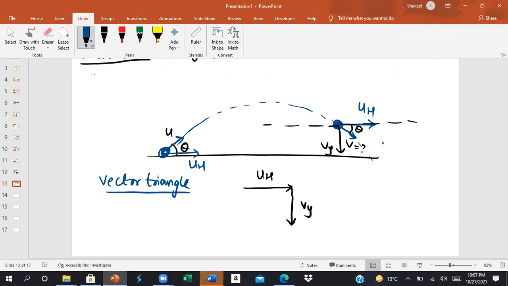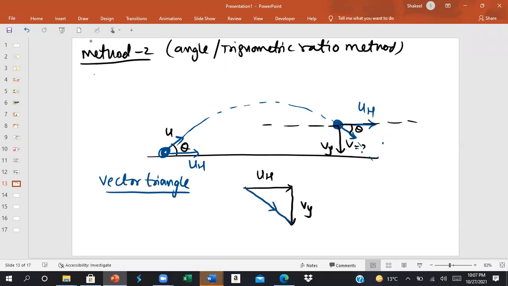And then this is the resultant velocity which you have to find. Again, this angle is given, so this angle will be over here. This will be the known angle. As the vertical component is not known, but the horizontal component is known, which is u cos theta, you can find that.